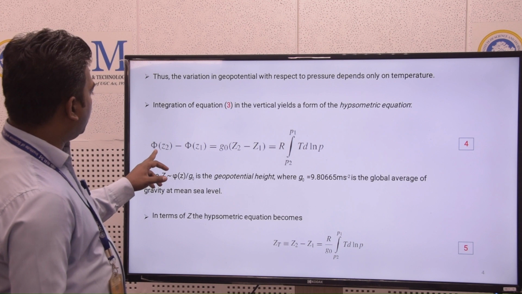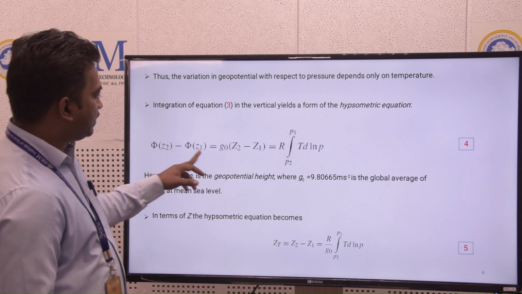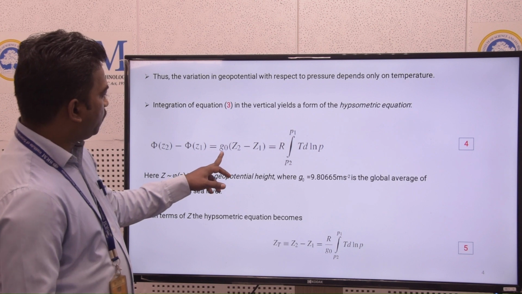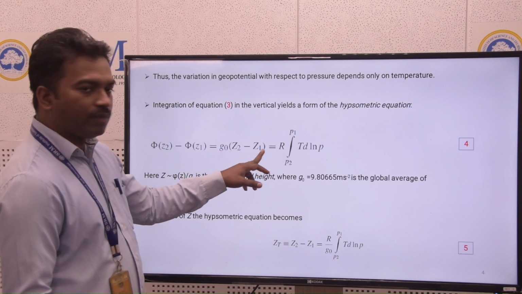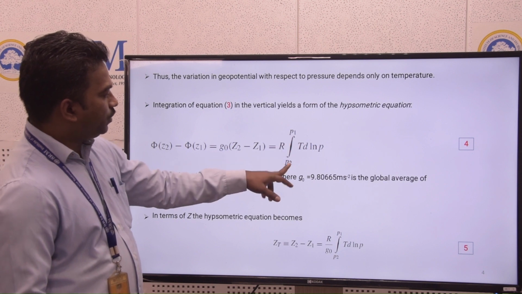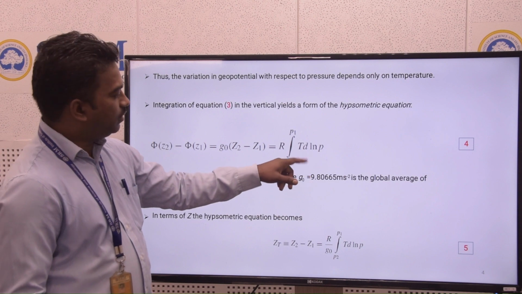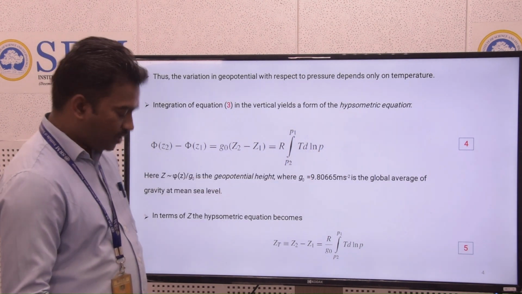Instead of d phi, we can write phi of z2 minus z1, which is equal to g naught into z2 minus z1, which is equal to integral over p2 to p1 of RT d natural logarithm of p.